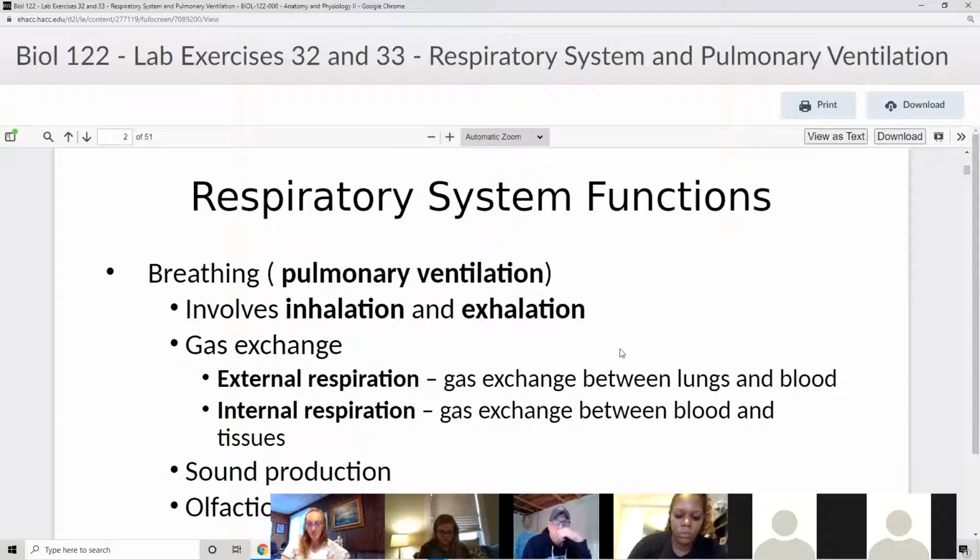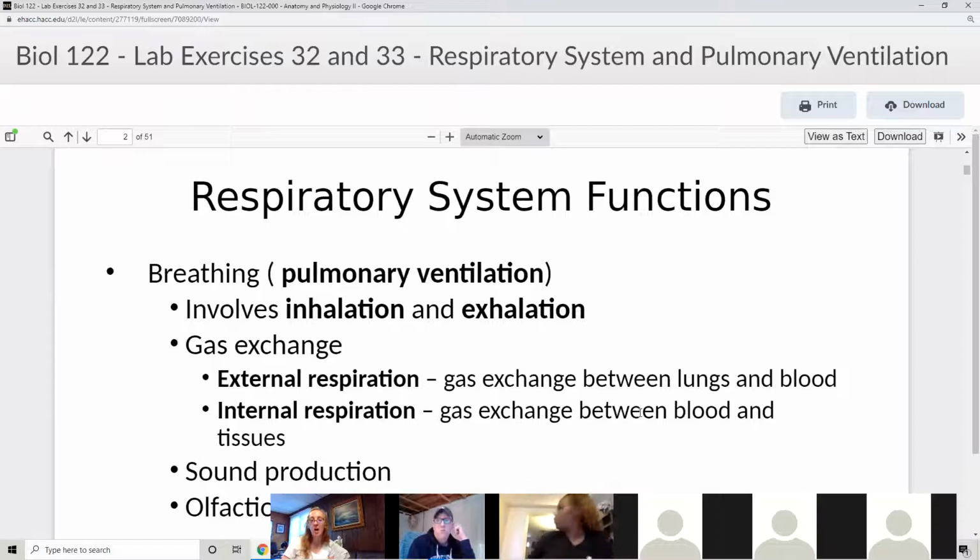Gas exchange. External respiration, so this is important here. External respiration is gas exchange between the lungs and the blood. Internal respiration is gas exchange between the blood and all the interstitial tissues. So pneumonia is going to affect gas exchange in the lungs, but it does not directly affect internal respiration.